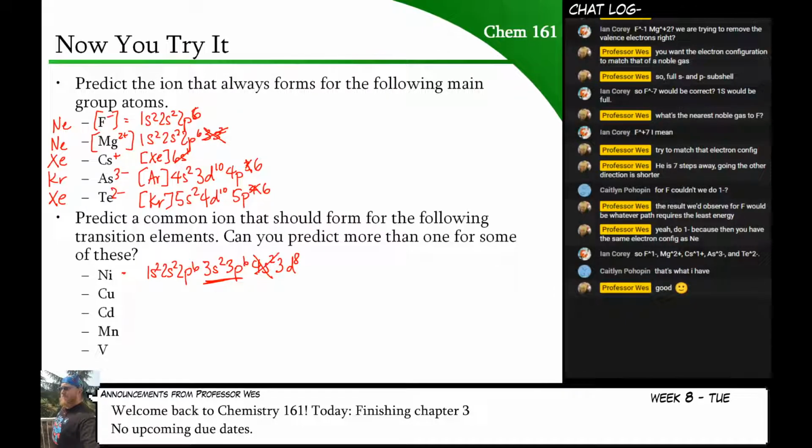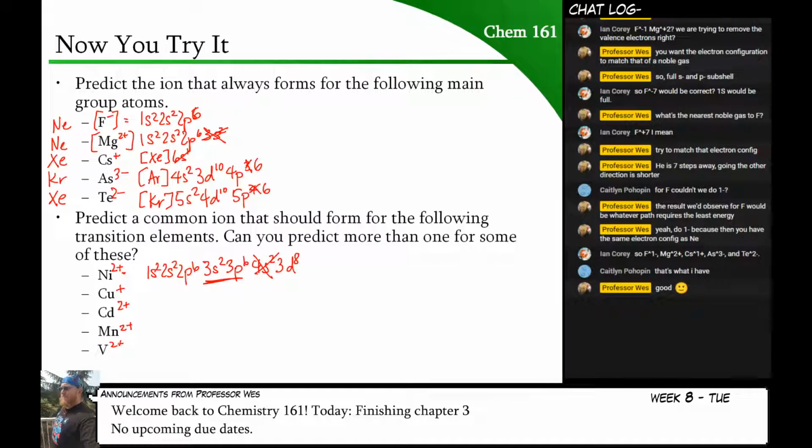So if I get rid of this 4s, I can then do that. And you can do that for all of these. Remember that copper's the weird exception because it ends up being 4s1 3d10.